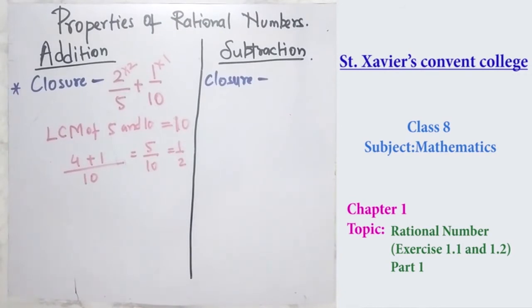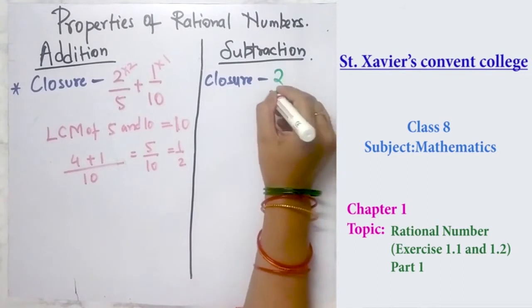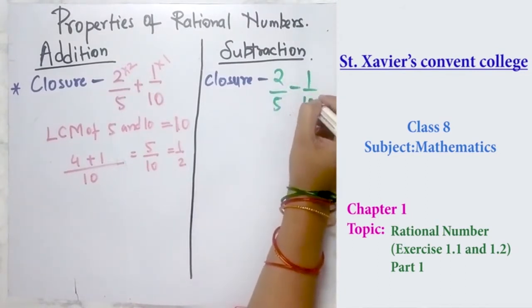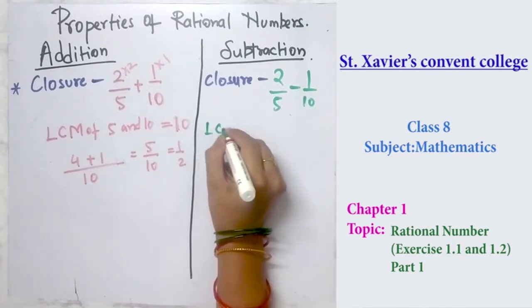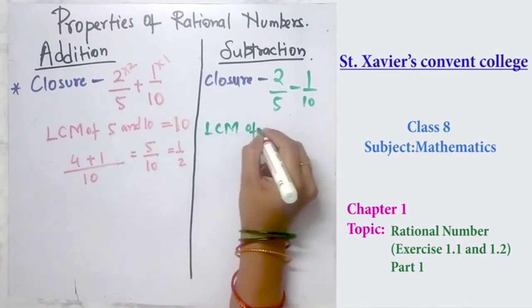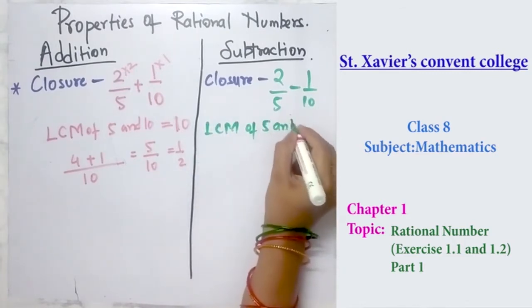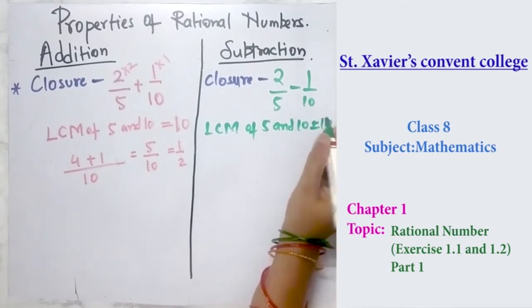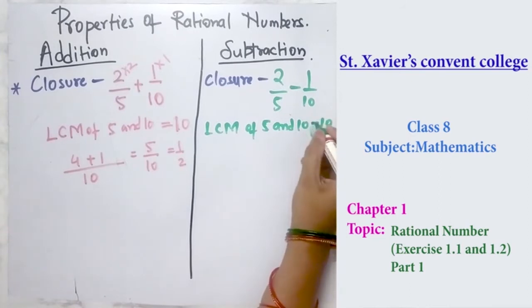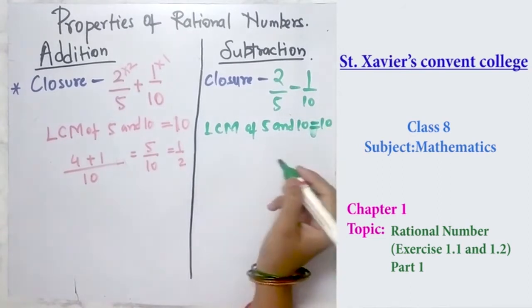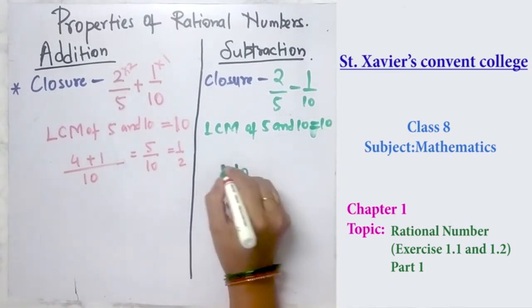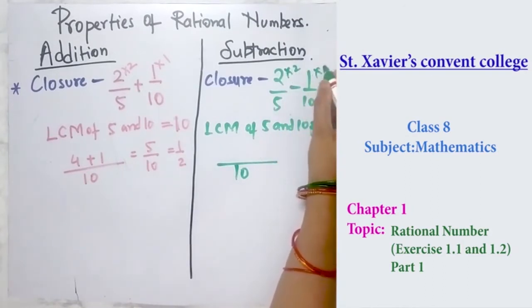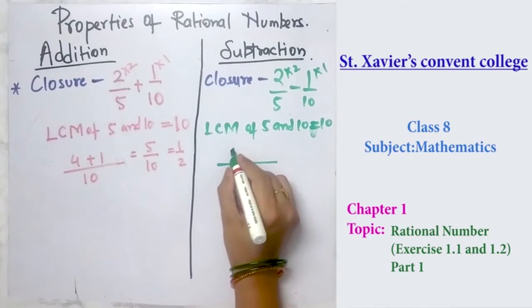We carry out the same example on the subtraction side also. 2 upon 5 minus 1 upon 10. Again, the LCM of 5 and 10 is 10. 2 into 2, 1 into 1, that is 2 2s are 4 minus 1, 3 upon 10.